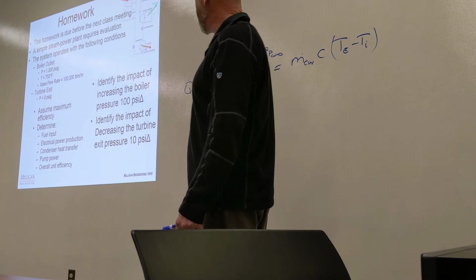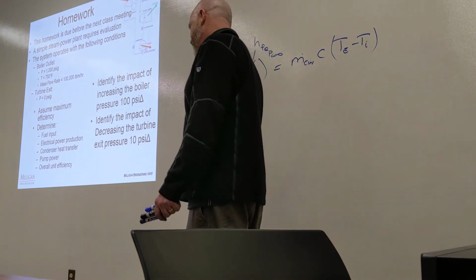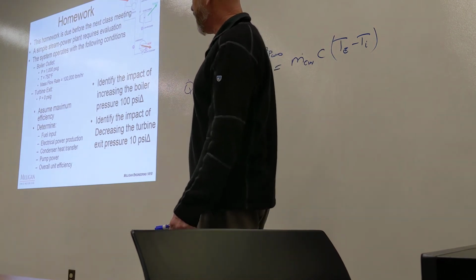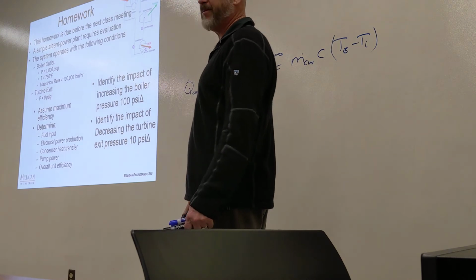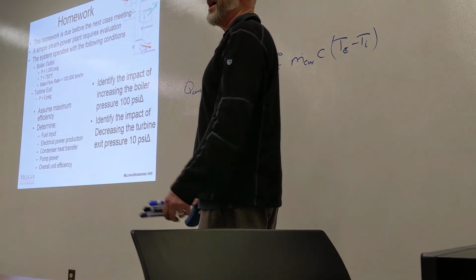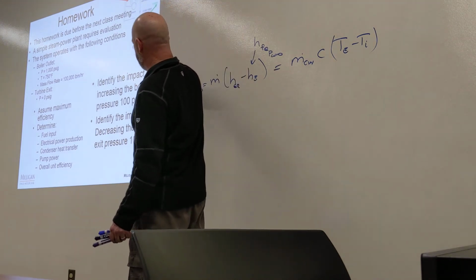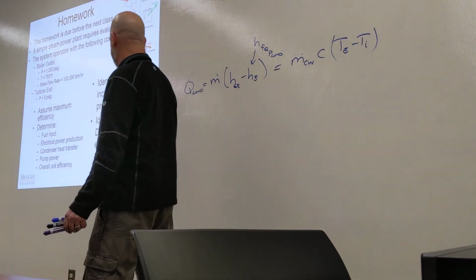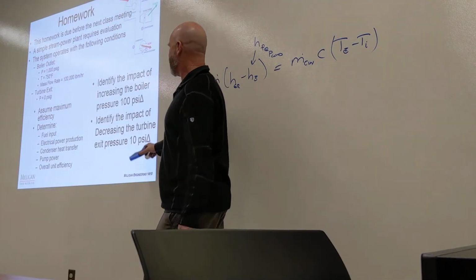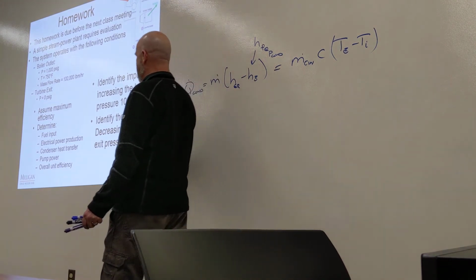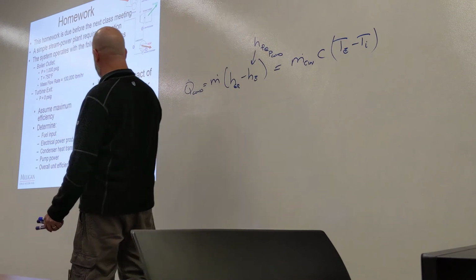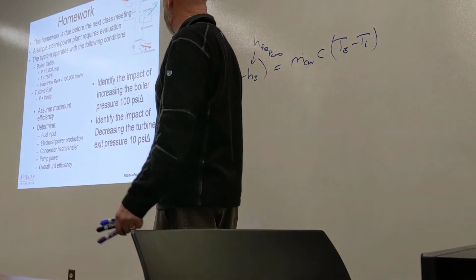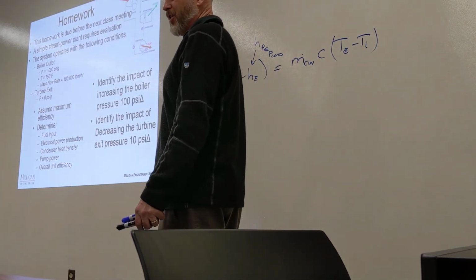Tell me how much fuel you'd have to put in. How much power would you produce? How much heat transfer in the condenser? How much pumping power? And the overall unit efficiency. And then, what if you increase the boiler discharge pressure to 1,100 psi? And then, what if you decreased the turbine pressure to negative 10 psi? What are those impacts, those effects? Class dismissed.